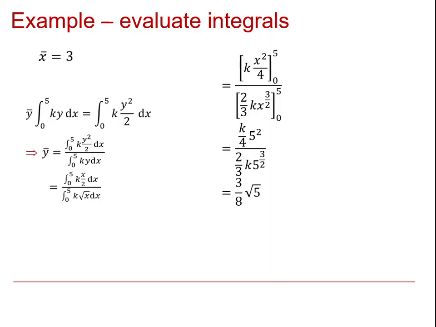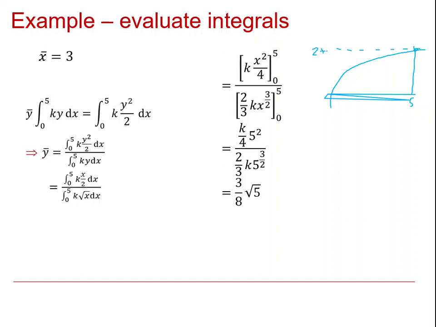It's 3/8 root 5. Now root 5 is a bit more than 2, so that's something like 3/4, which given the original picture probably seems about reasonable. It was the curve like that up to 5, and it was root 5, so this value is a bit more than 2.